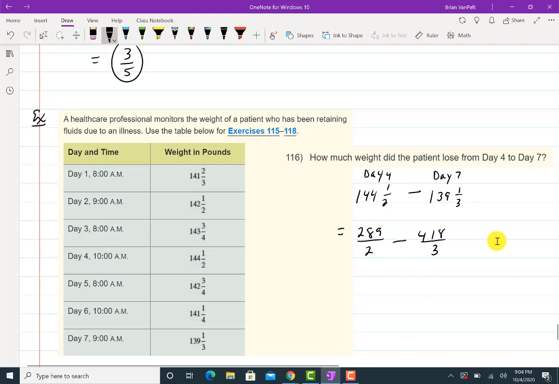Now the LCD is 6. So I'll rewrite each of these fractions to be over 6. In order to change this 2 to a 6, I had to multiply by 3. So I've got to do 3 times 289.